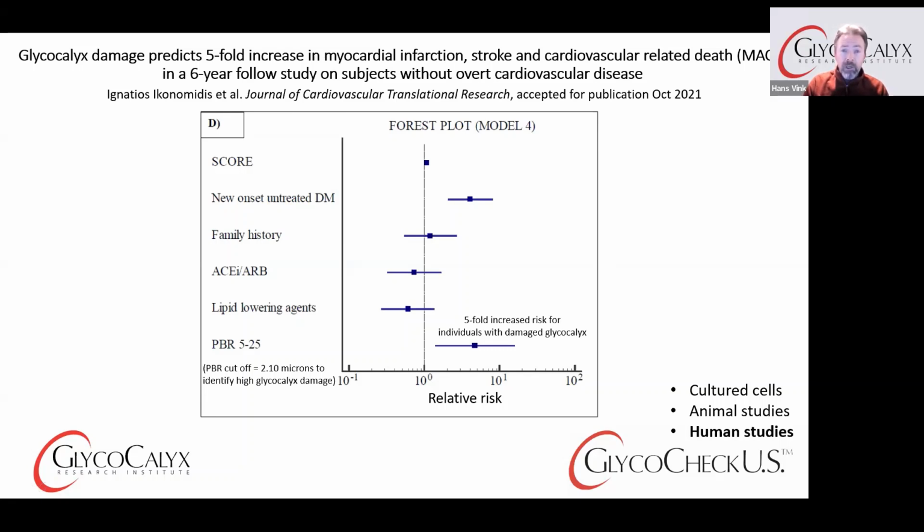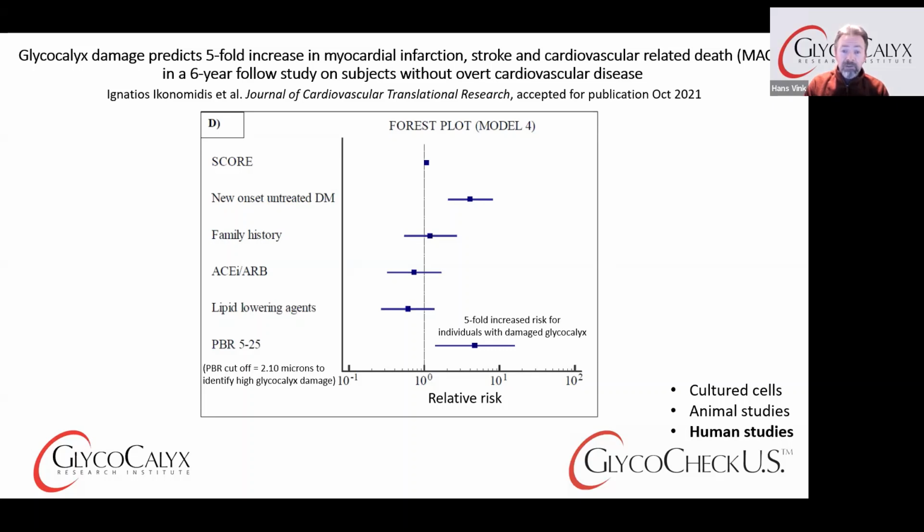So now the question is, how is glycocalyx involved? So Hans, on this study, I think it's important to share. This study was over 6 years. Give the results of the people that we predicted 6 years in advance of the events that actually happened in real time. Yeah, so there were 600 people measured more than 6 years ago. They're all healthy and then just classified based on their level of glycocalyx damage.